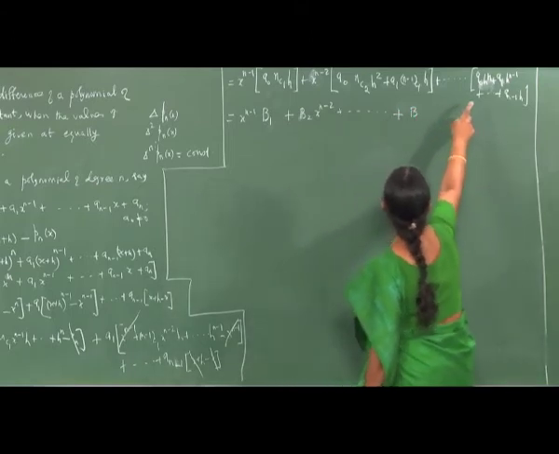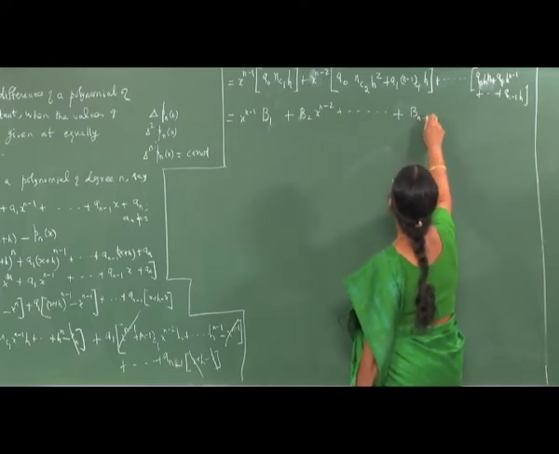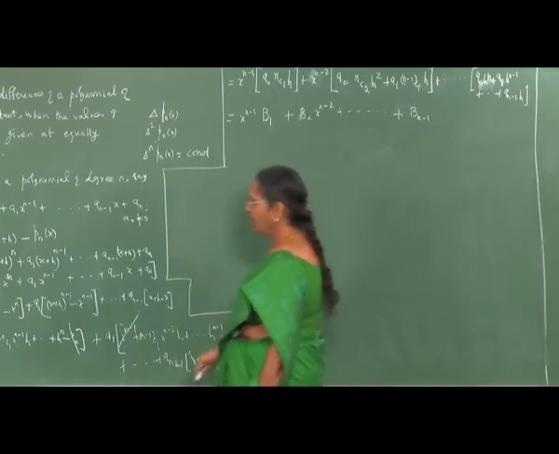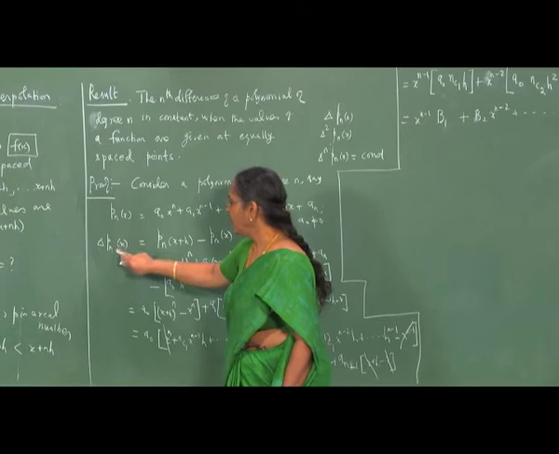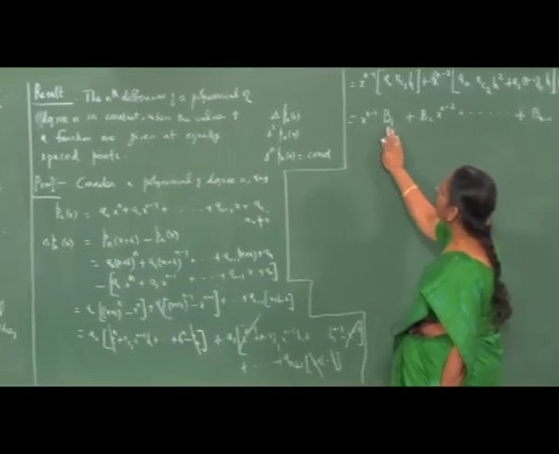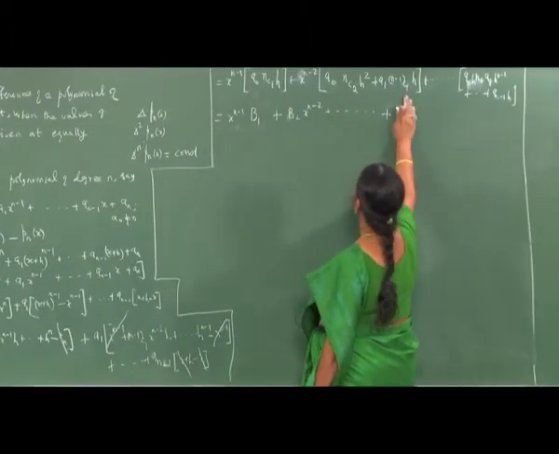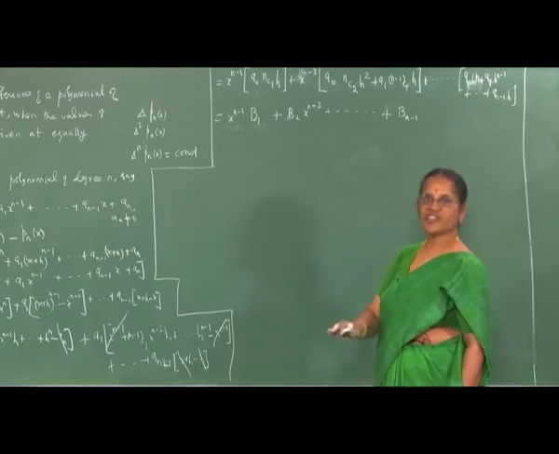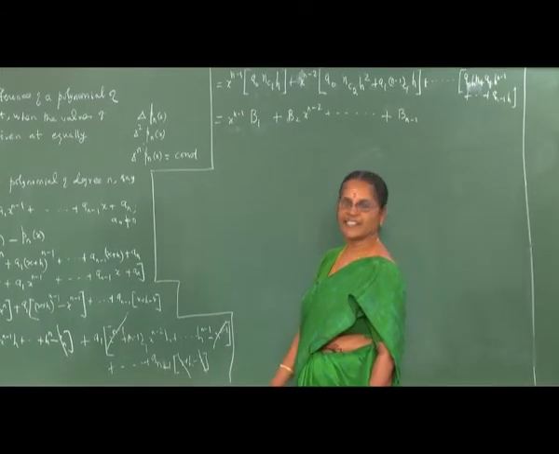Plus this term, which I call, say, b n minus 1. So, I observe that the first order forward difference of a polynomial of degree n is a polynomial of degree n minus 1, since b1, b2 etc. b n minus 1 involve only h and n, they do not involve x.